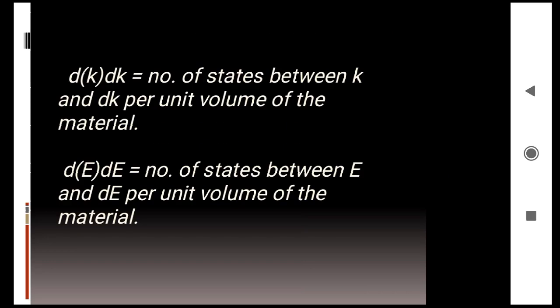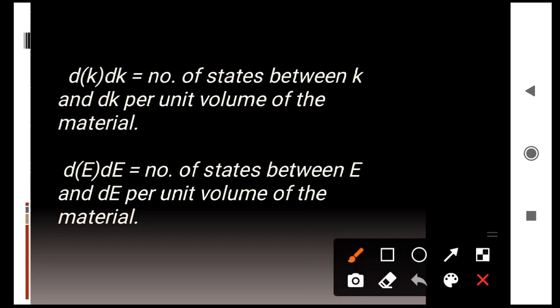Now D of K into dk is the number of states between K and K plus dk per unit volume of the material. See, I am just drawing my E-K diagram in this way.